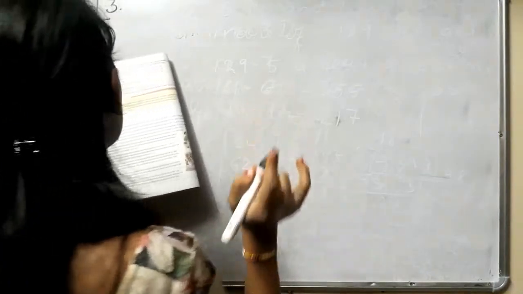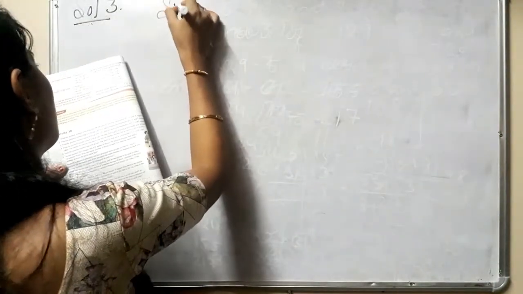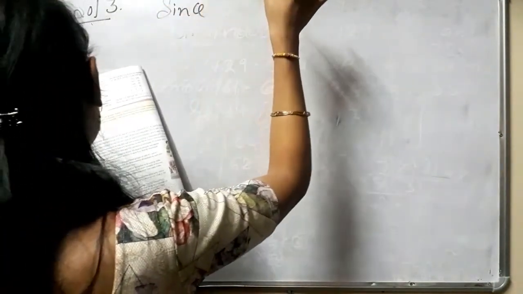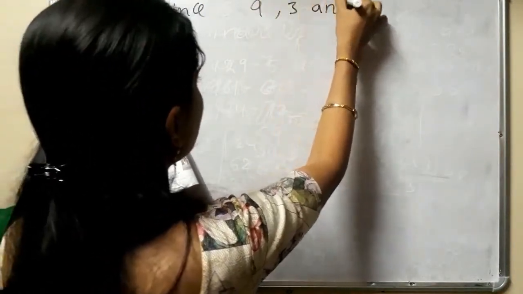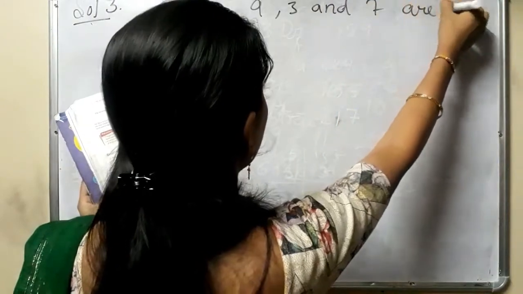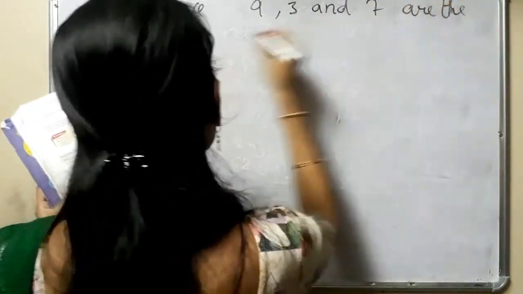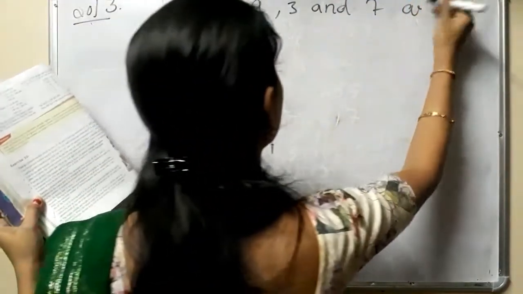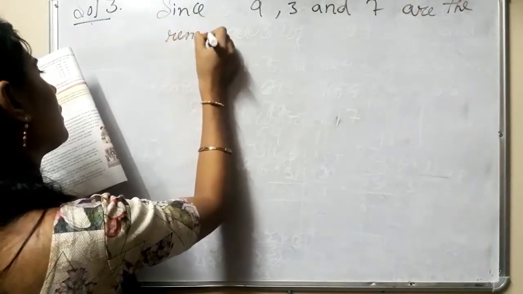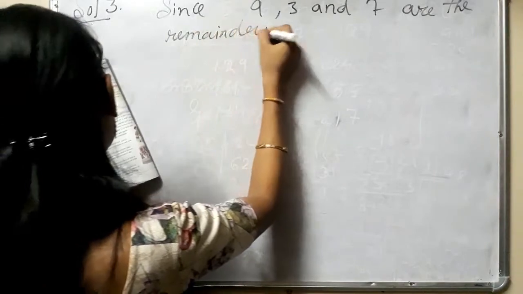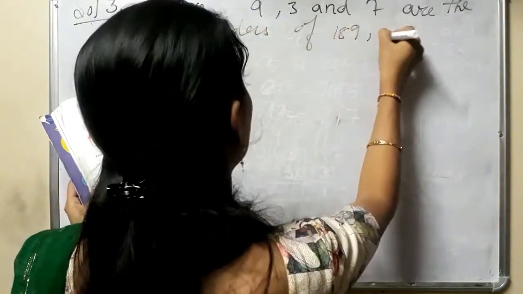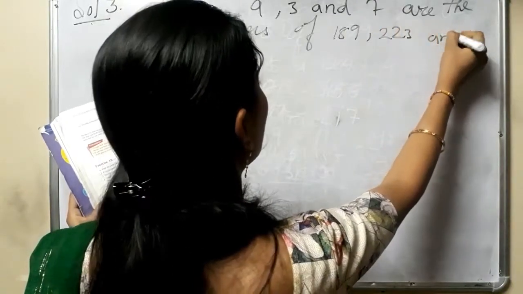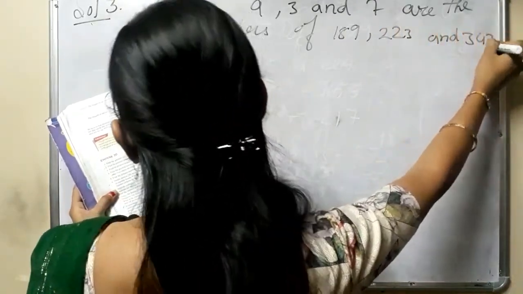Find the greatest number that divides. Since which are the remainders given here? 9, 3 and 7 are the remainders of 189, 223 and 347.